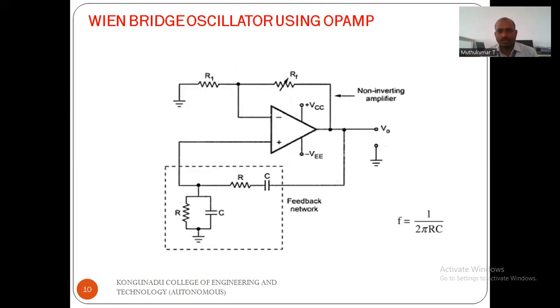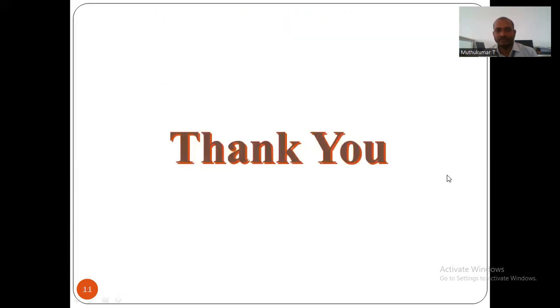R1 is connected to the inverting terminal, and the other end is grounded. RF, the feedback resistance, is connected between the negative terminal and the sixth terminal. Here one series RC network and one parallel RC network are used to provide the feedback. F equals 1 by 2 pi RC. Thank you.